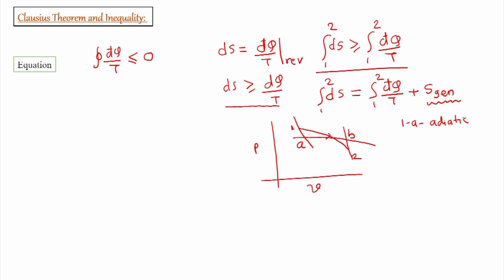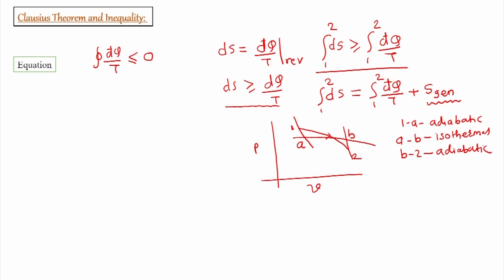adiabatic process. So, A to B is an isothermal process and B to 2 is again an adiabatic process.